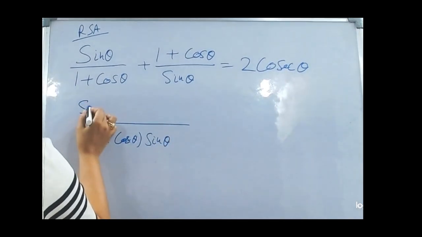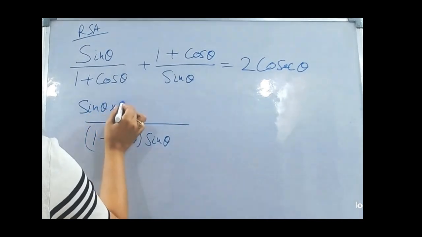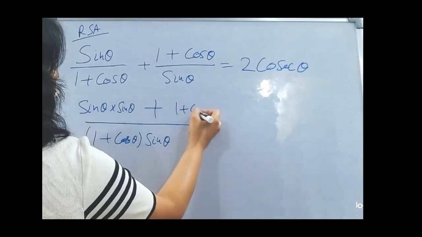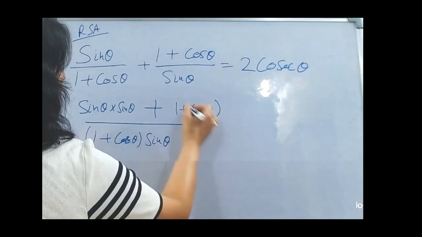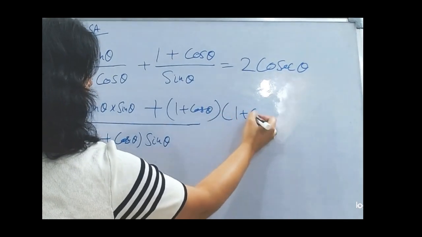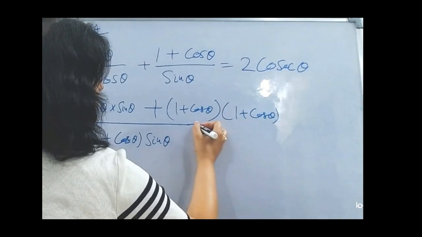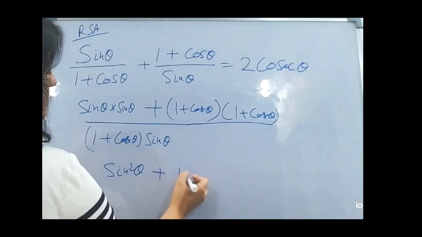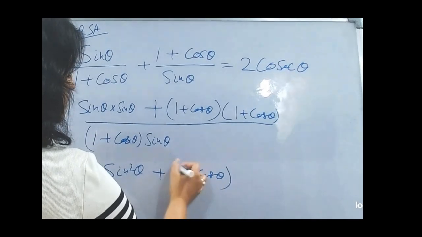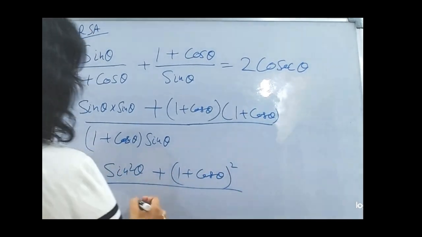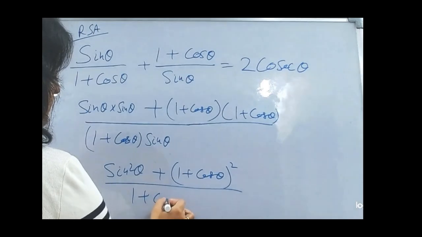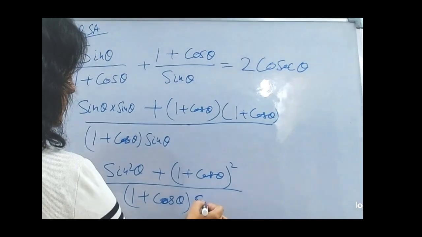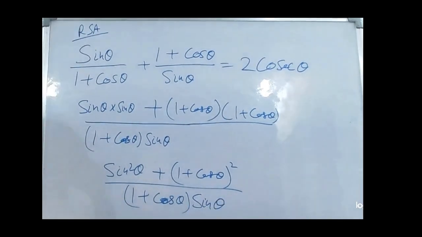Numerator: sin theta into sin theta plus 1 plus cos theta into 1 plus cos theta can be written as sin square theta plus 1 plus cos theta whole square upon 1 plus cos theta into sin theta.